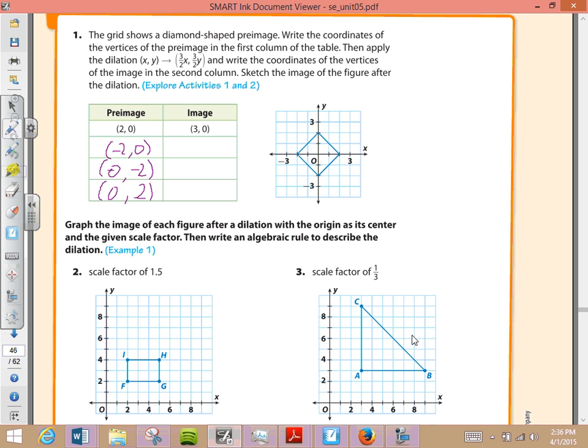So 2 times 3 is 6 divided by 2 is 3. So we get 3 and 0, then -3 and 0, then 0 and -3, and then 0 and 3. So let's go plot it. There you go. And you end up with this nice little dilation.